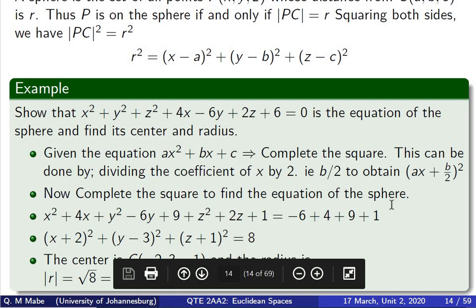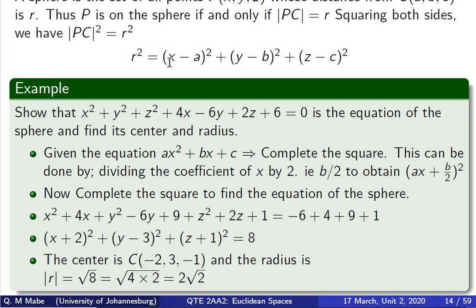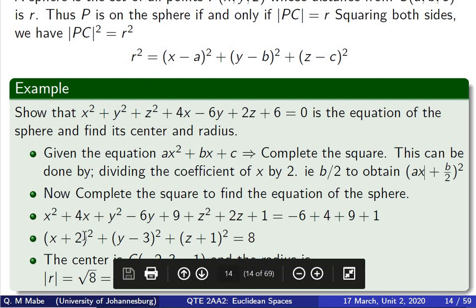So the center of our sphere will be negative 2. Remember the formula of your sphere is x minus a all squared, so it will just be x plus 2.